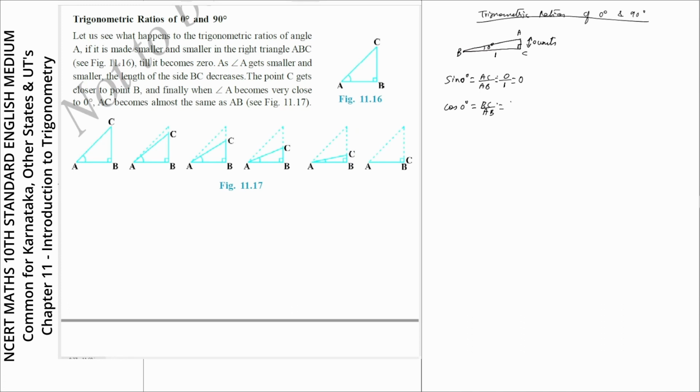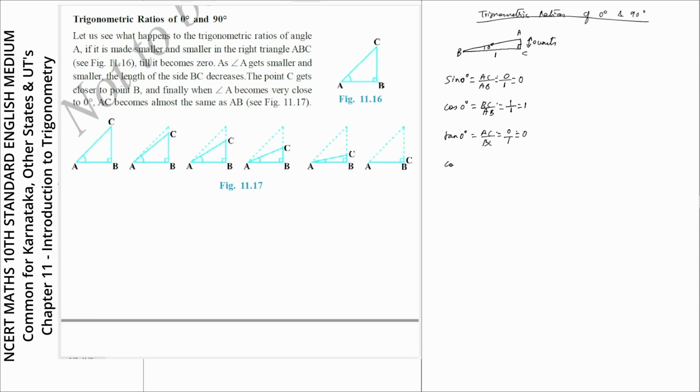When angle B is almost equal to 0, BC will be equal to AB, that is 1 by 1. So this is 1. So now tan of 0 degree. Tan of 0 degree is opposite by adjacent, that is AC by BC. This is equal to 0 by 1. I will get 0 only.